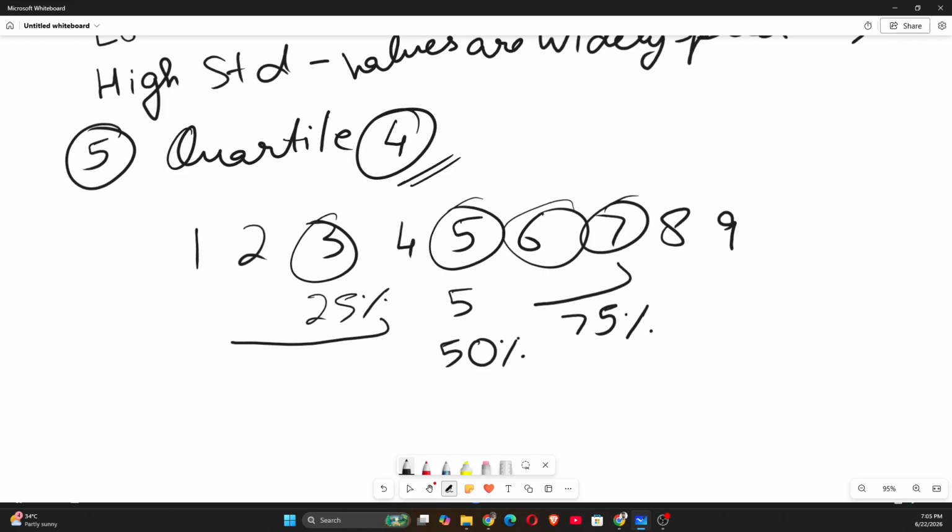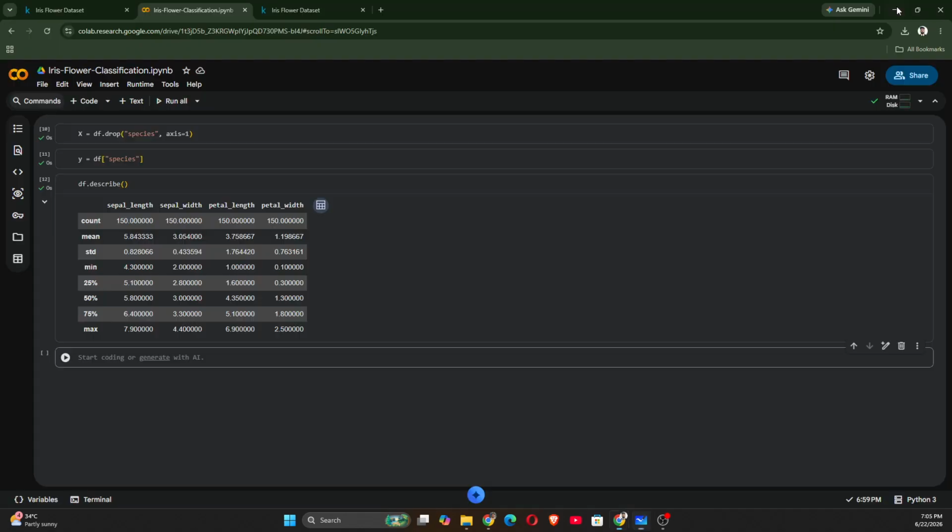I was a bit confused. 3 is 25%, 5 is 50%, 7 is 75%. 25% of values are below 3, 50% of values are below 5, and 75% of values are below 7. So this is a quartile. This is Q1, this is the median, and this is Q3. Okay, so this was quartile.